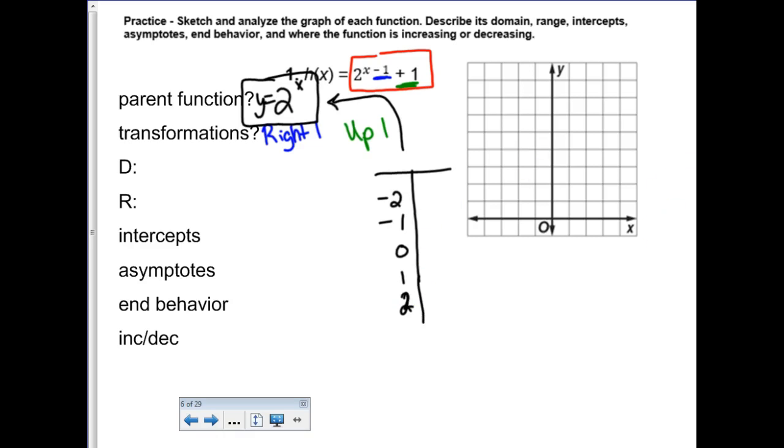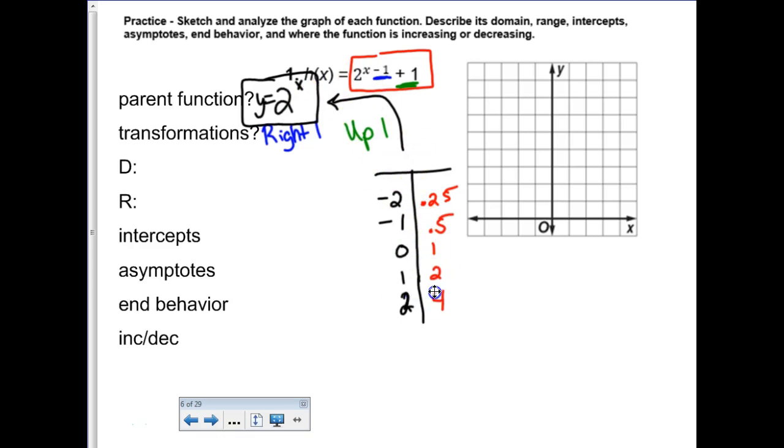Well, I plug -2 into here. I get 2 to the -2 power, which is flip the fraction and square it. So it's 1/4, or you could say it's 0.25. 2 to the -1st power, excuse me, is 0.5. Anything to the 0 power is 1. 2 to the 1st power is 2. And 2 to the 2nd power is 4.